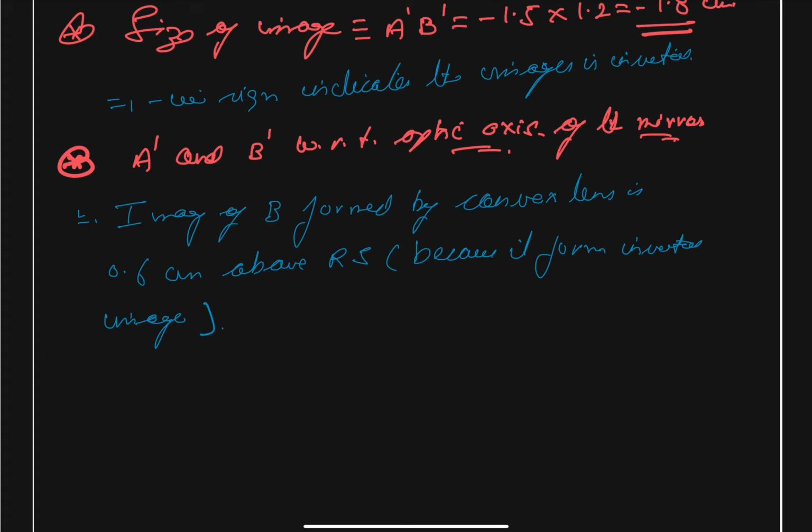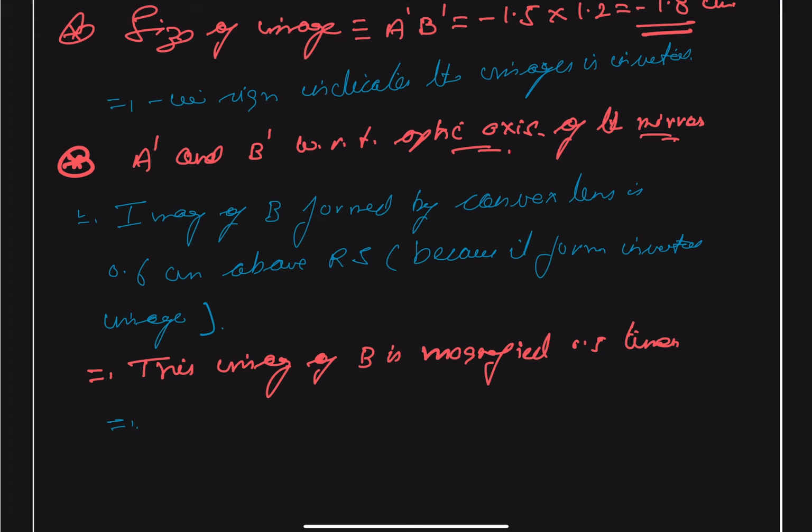So you can say that this image, the image of B, is magnified 0.5 times. So this results in the displacement of the image.